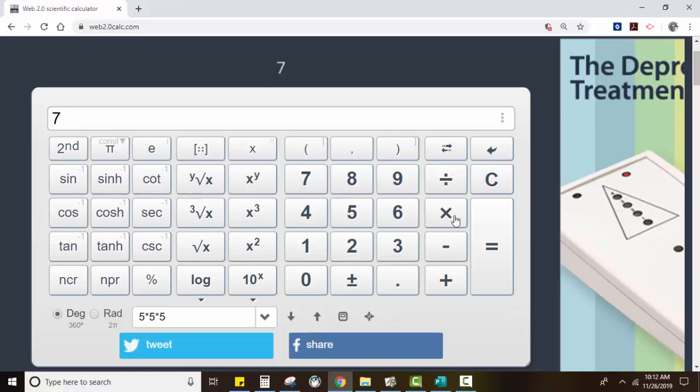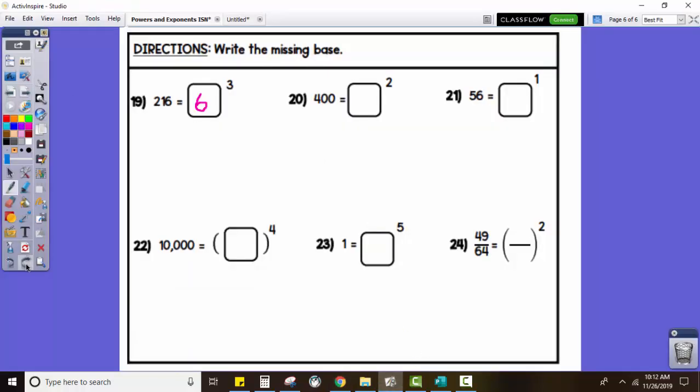I'll try 7. 7 times 7 times 7. Okay, that's 343. Now this is too much. So I know if 5 was too low and 7 is too high, I'm going to try 6 times 6 times 6. Gets me 216. So I can say I know 6 to the 3rd is 6 times 6 times 6, which is 216. So the missing base here was 6.